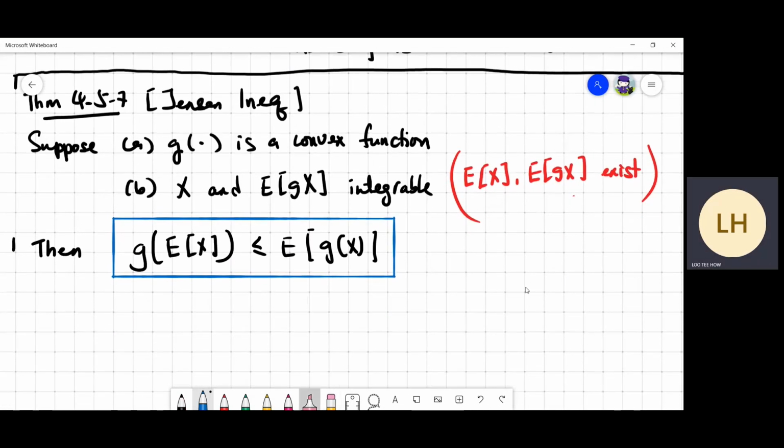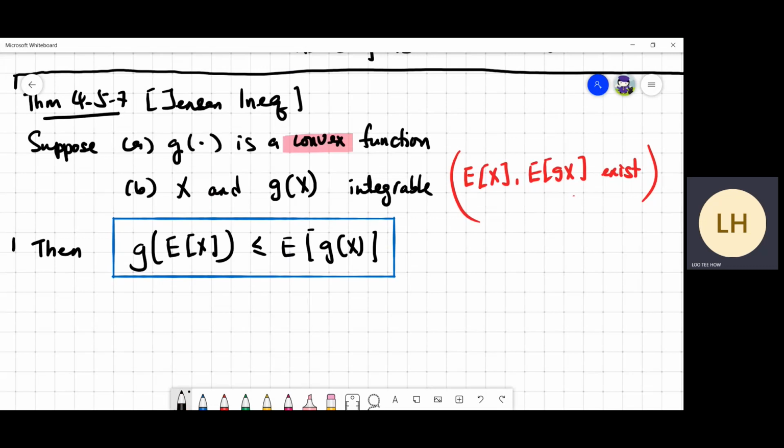So this is true when g is a convex function. We also require that X and g(X) are integrable.